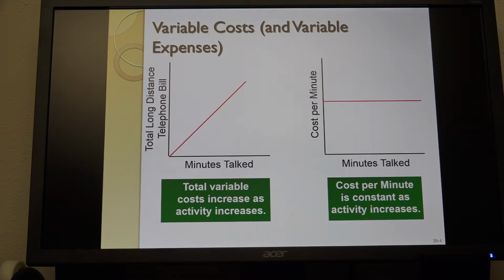So again, they've got a little graph here. As the activity increases, here the activity is minutes talked, the variable costs increase. Now note, within a relevant range, the variable cost per unit will be constant.